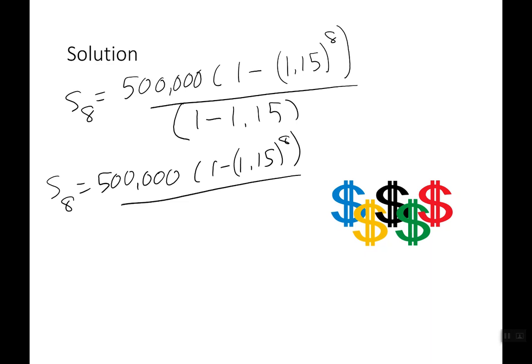Order of operations is really important here, but I wanted to say on the bottom it's -0.15. So 500,000, 1 minus 1.15 to the power of 8, and then divided by -0.15.